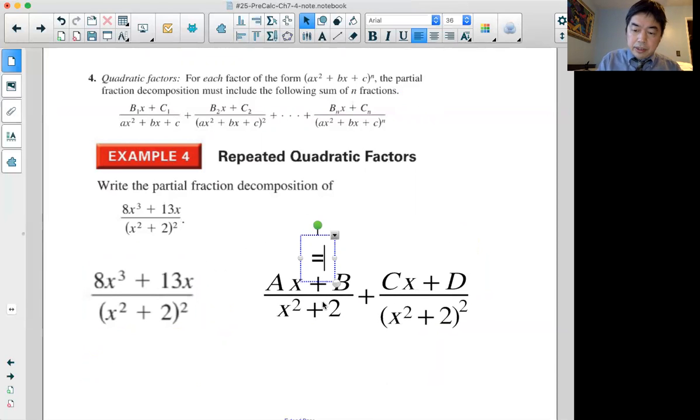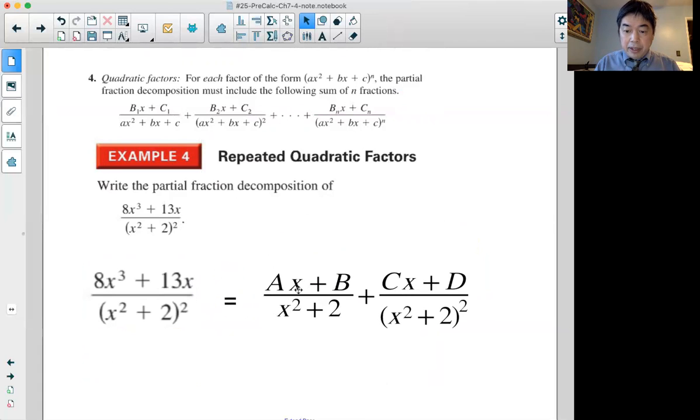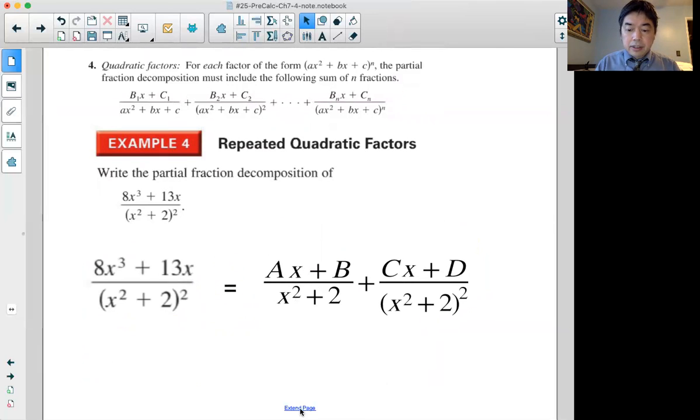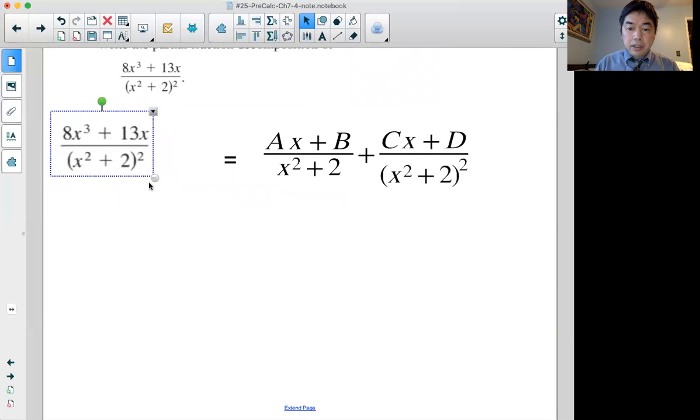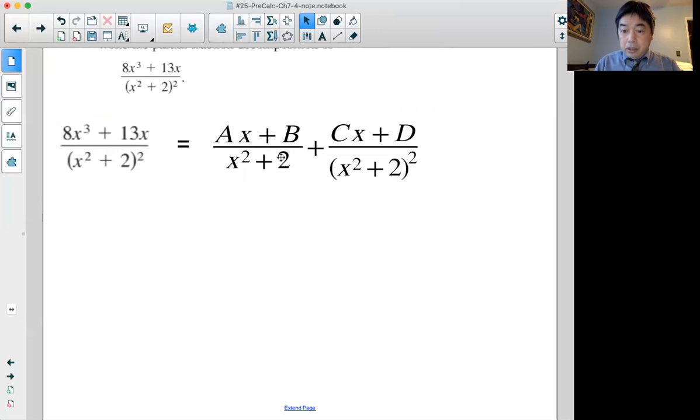Now you see, we don't have the same denominator yet. In that case, let's get a common denominator. I will push a little bit here so we have more space. To have the same denominator, you have to multiply exactly the same thing here, right?